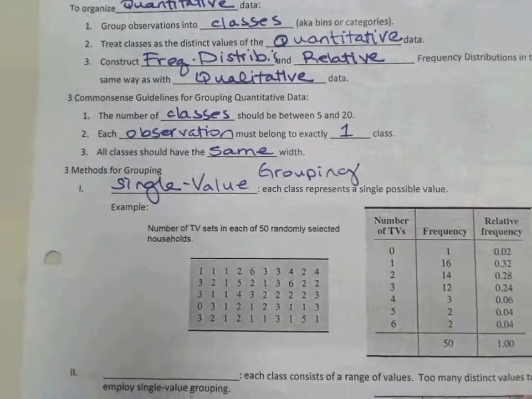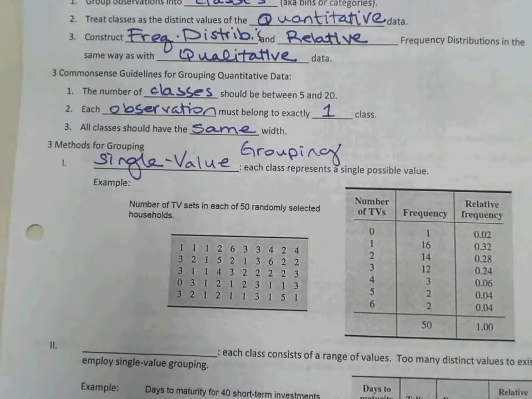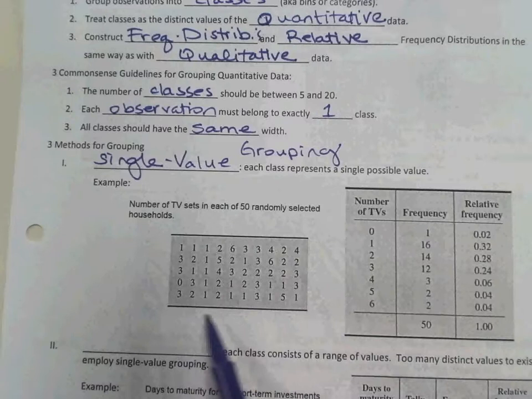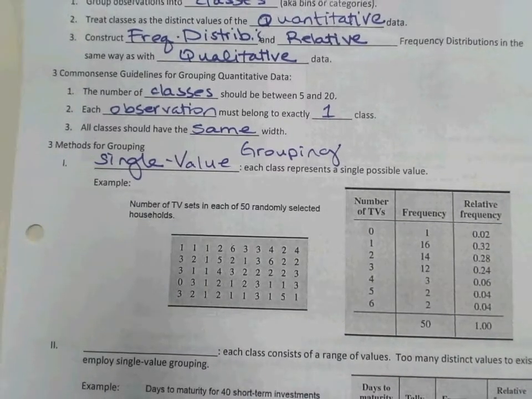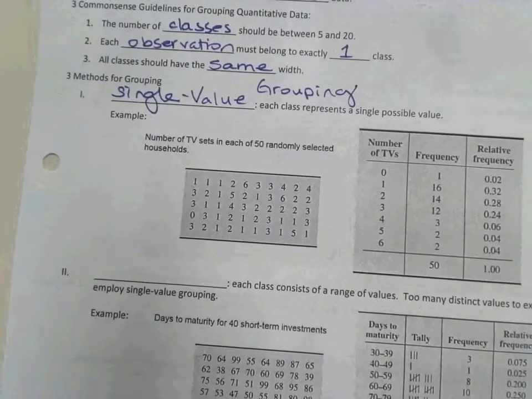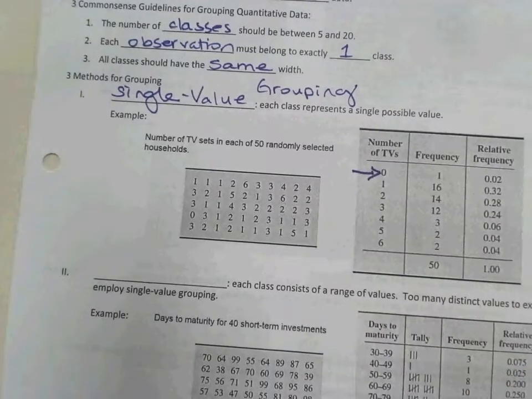Single value grouping, and that's where each class represents a single possible value. It's the most simple grouping method that we have. So you can see here our number of TV sets in each of 50 randomly selected households, and then we've organized it into this nice frequency and relative frequency distribution, and each class is just one number.